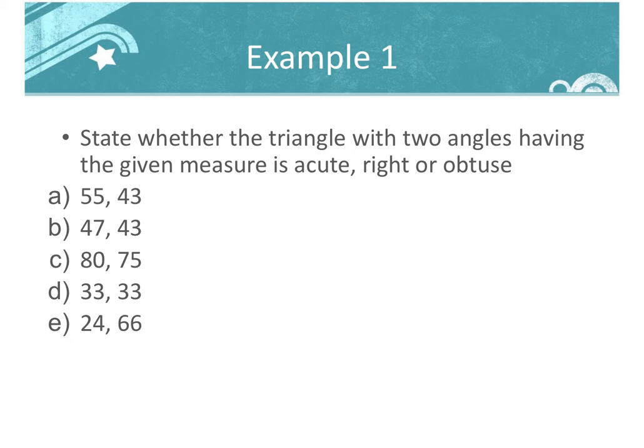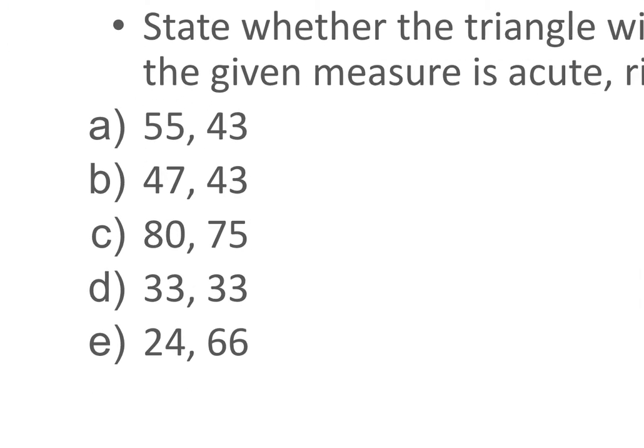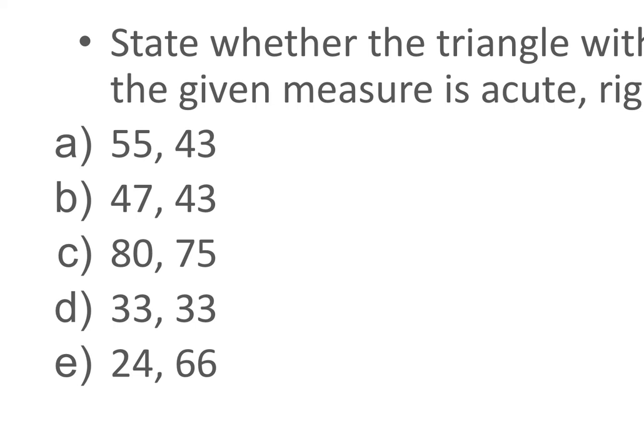Example 1, it says state whether the triangle with two angles having the given measures is acute, right, or obtuse. Well, if we have a triangle and two of the measures are 55 and 43, how we find the third angle is we take 180 and we subtract 55 from it. We also subtract 43 from it, and that'll give us the measure of our last angle.